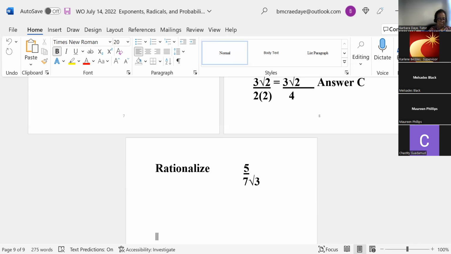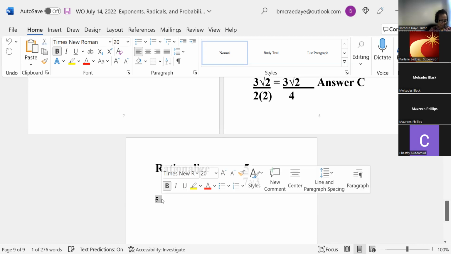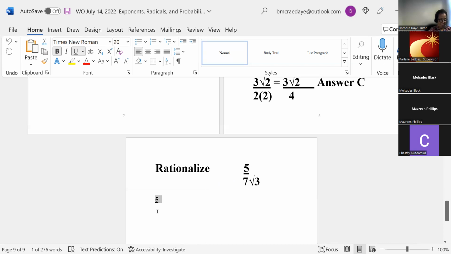Do your first step. What's your first step, Mercedes? You see what I mean? I go blank when I look at it. Do like 5 upon 5, radical 5 on radical 5. You see a radical 5 here? I don't see a radical 5. Okay, radical 3 upon radical 3.